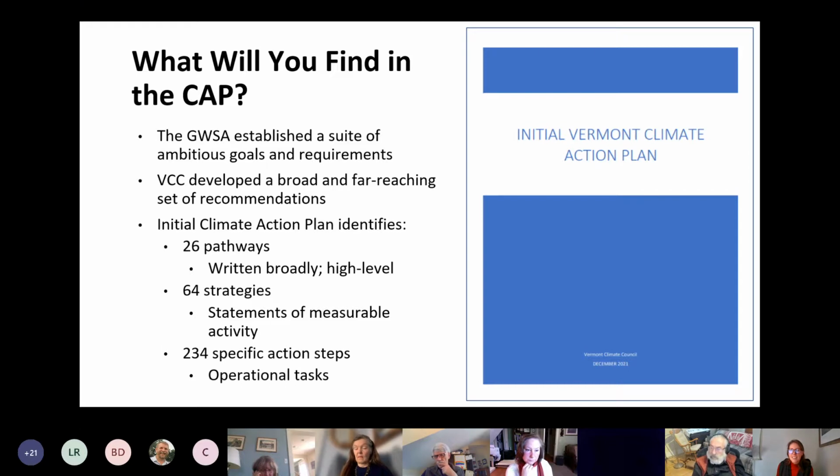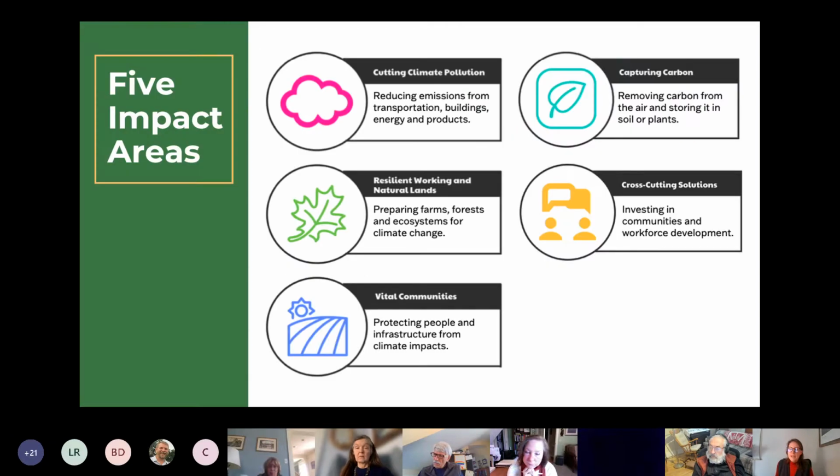But really, it's indicative of all of the work that needs to happen for our communities to be able to adjust to climate change impacts. It's really a broad suite of work. So the Climate Action Plan can generally be put into 5 impact areas.